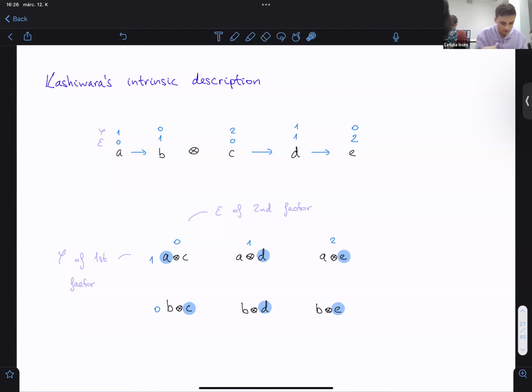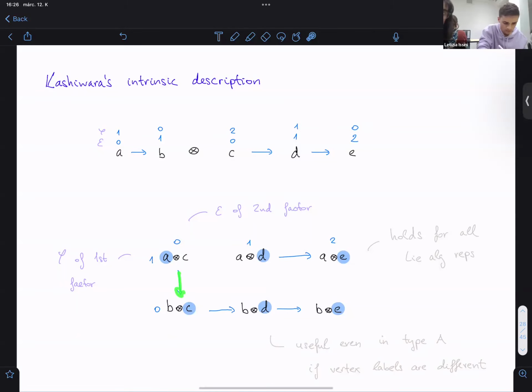Okay, so now we know what we're acting on, we can go back to the original strings. So A will go to B because of this one. C will go to D, D will go to E, and E will go to 0. And here D will go to E and E will go to 0.